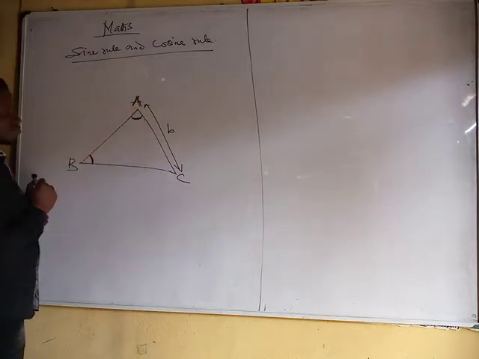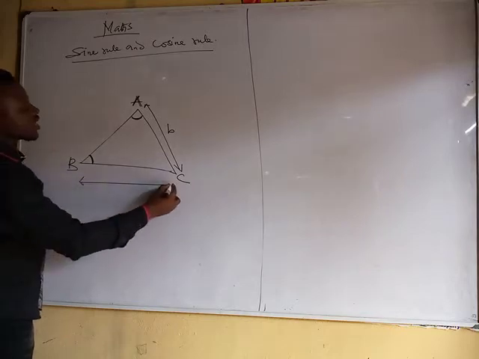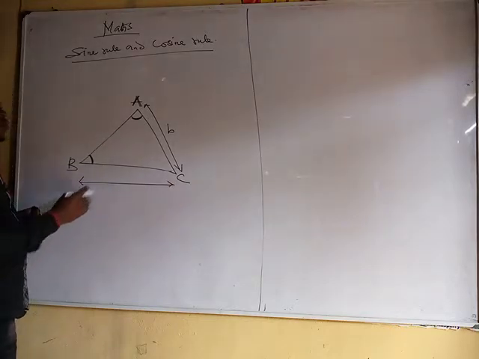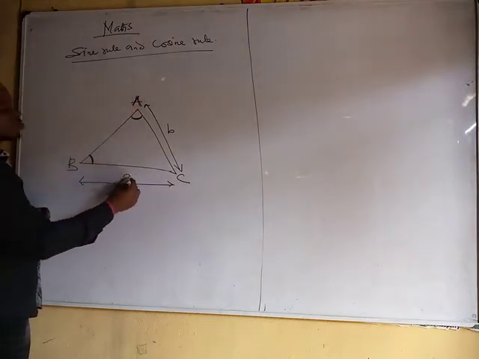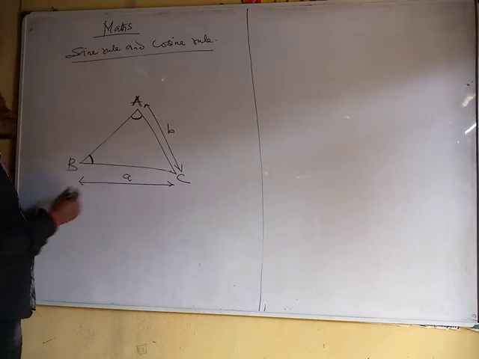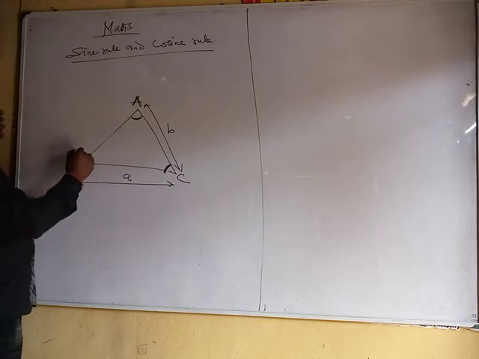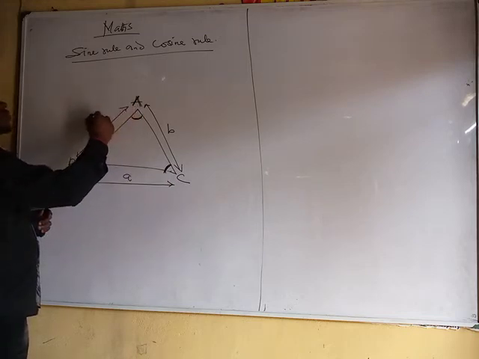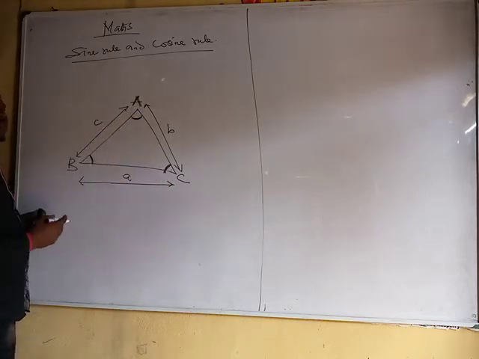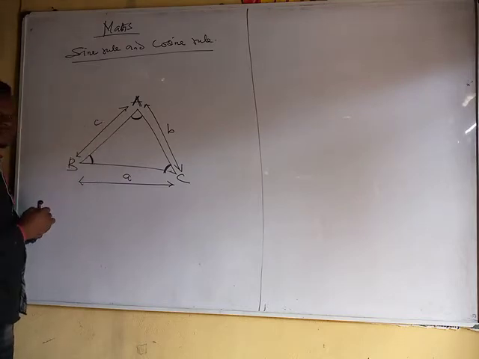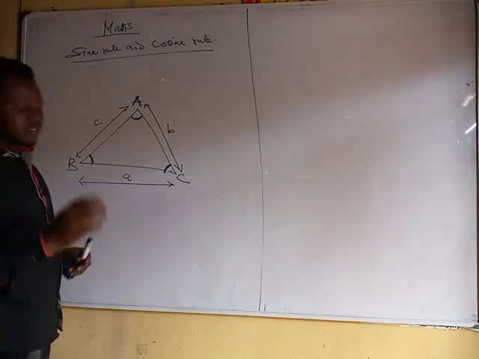A. But this is the distance covered by this A. We call it what? Small a. This is an angle of what? C. But this is the distance of this C. We call it what? Small c.